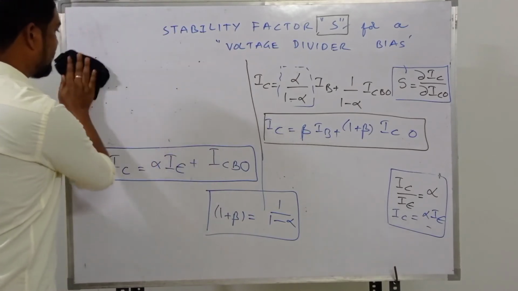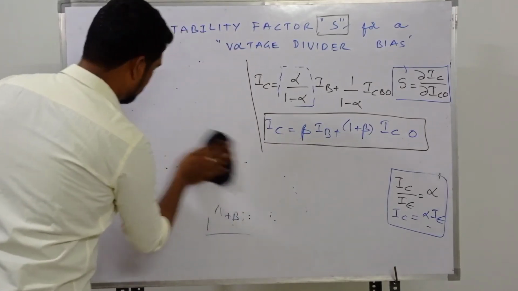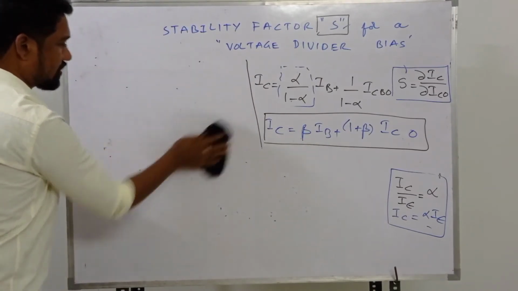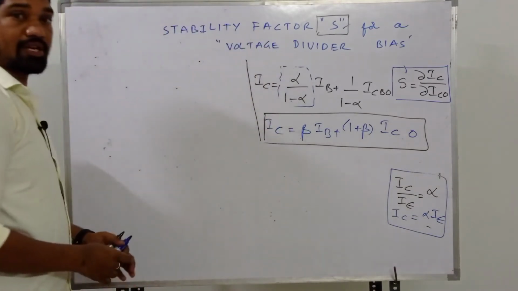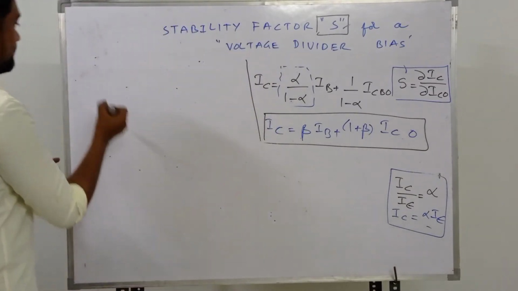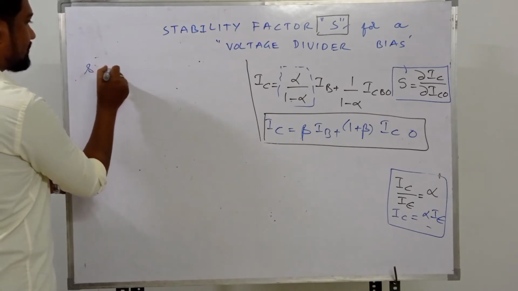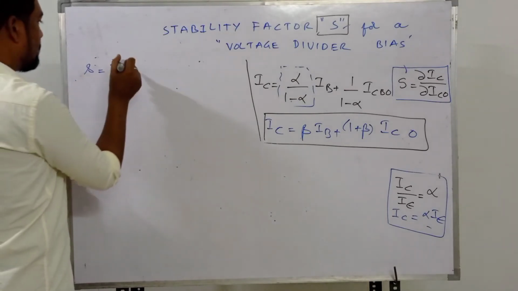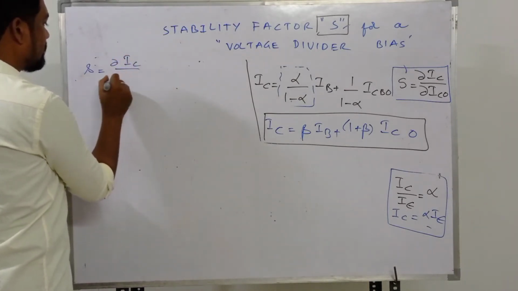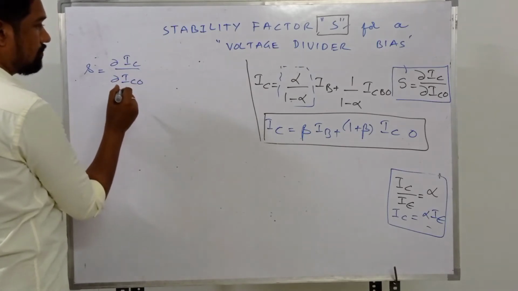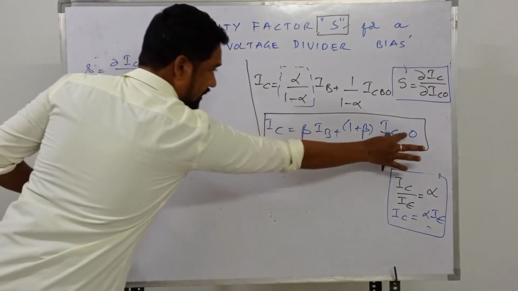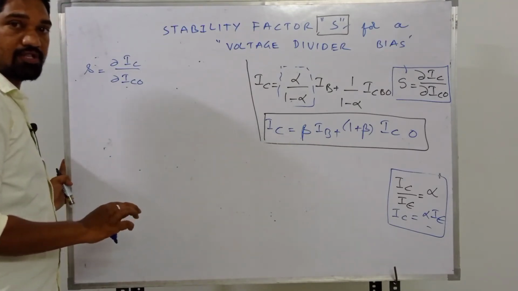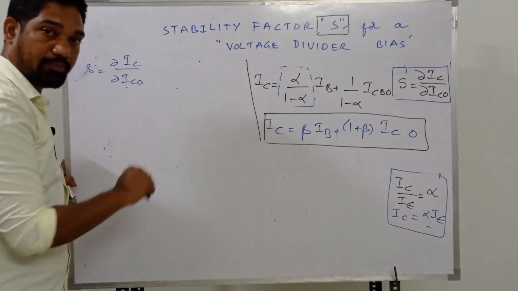And there is a small change. I forgot to tell you something. The exact expression for the stability factor, you might have started trolling me in the comments. Please, the stability factor S is dou IC by dou ICO, not S dash. I erased the B, because it is ICBO in the case of common base configuration, and ICEO in common emitter configuration.